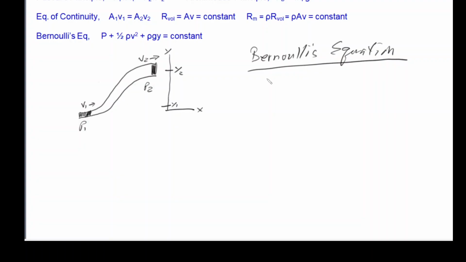So first, we'll state that a fluid's kinetic energy density is equal to 1/2 density times the speed squared. And this gives you the kinetic energy per unit volume.